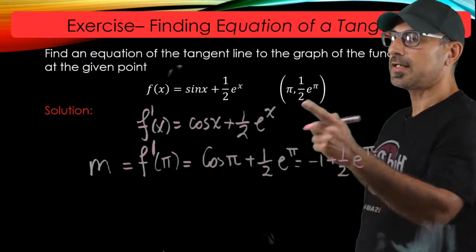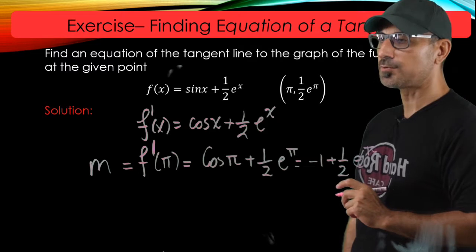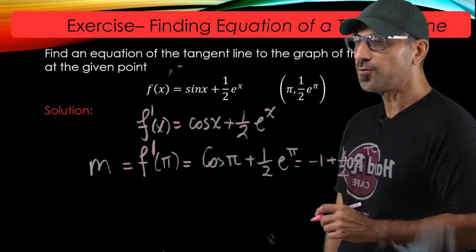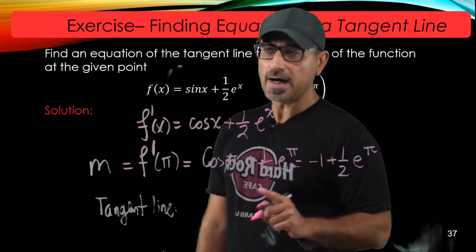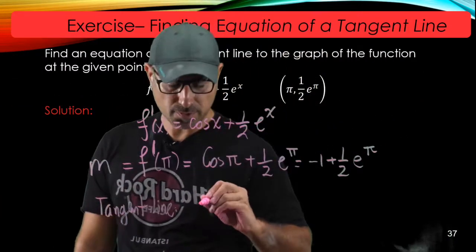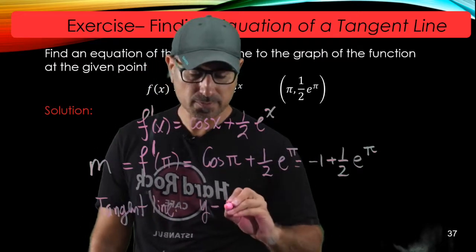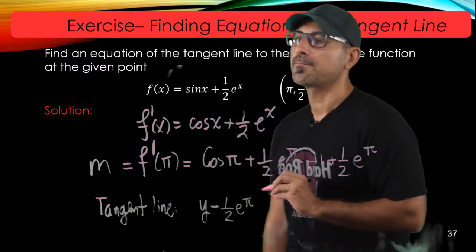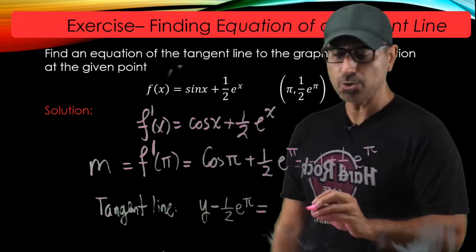Right, we know the slope and we know the point that the line passes through. We can go ahead and write down the point-slope form of the line. So the tangent line is y minus the y coordinate of the point, so 1/2 e to the pi, equals the slope.